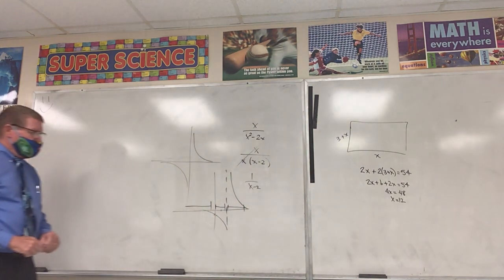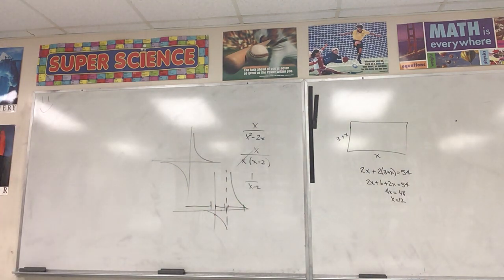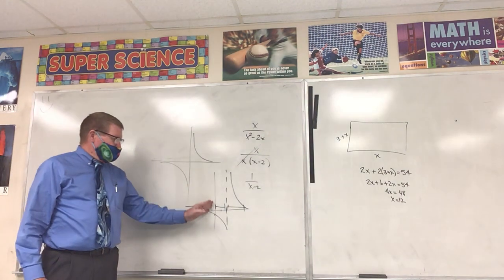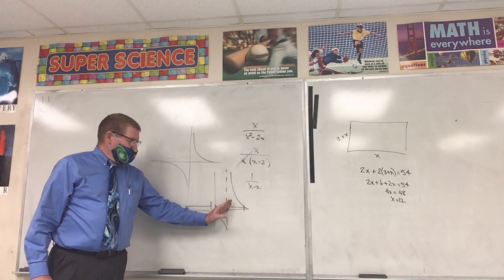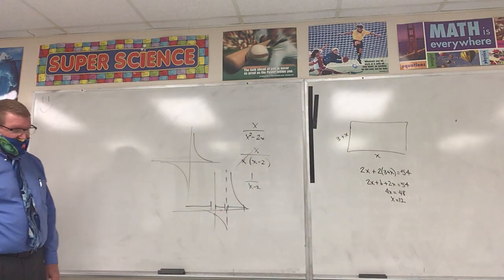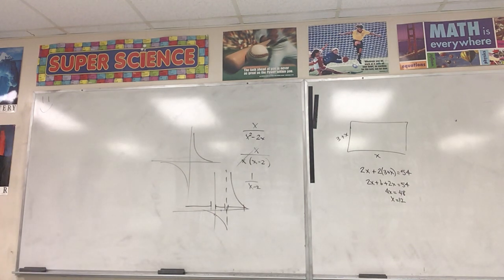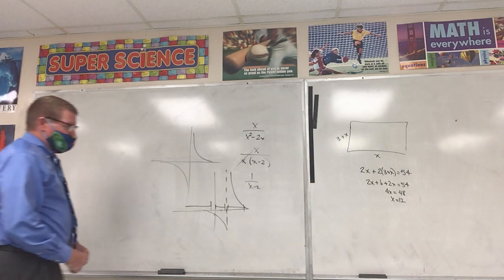It's negative infinity to 0, 0 to 2, and 2 to infinity, with none of those points included. Correct.